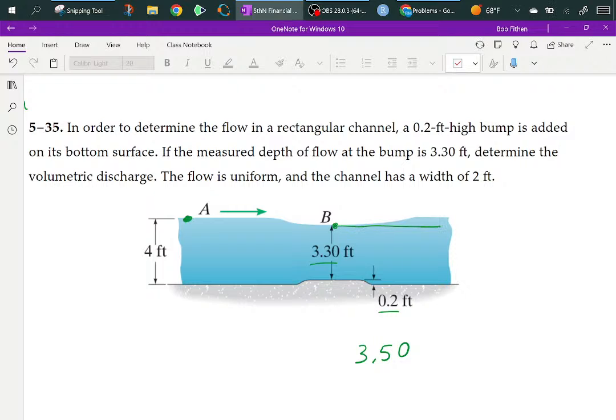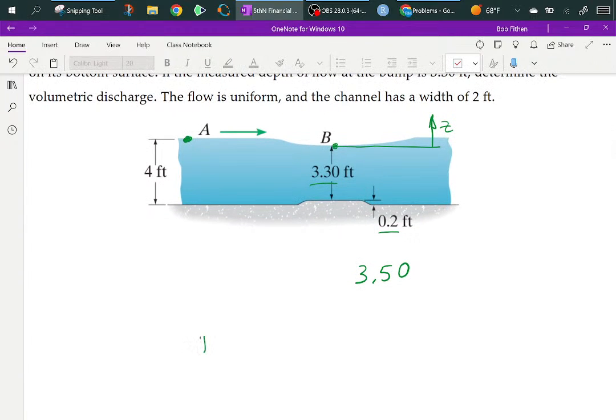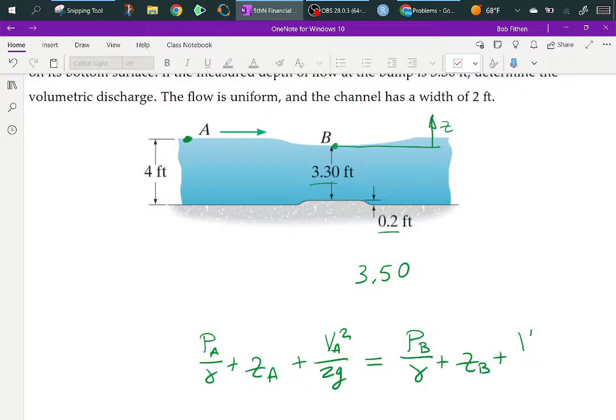I'm going to take that as my datum. I'll say his A is A and the B is B. PA over gamma plus ZA plus VA squared over 2G. We'll say there's no losses, so I'm not even going to write that. Plus ZB plus VB squared over 2G.